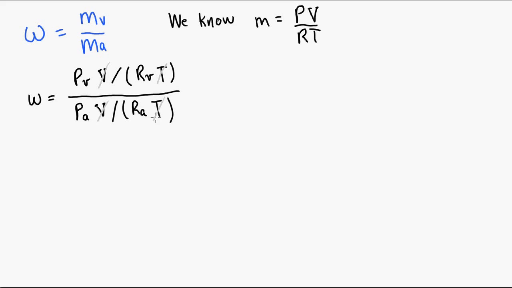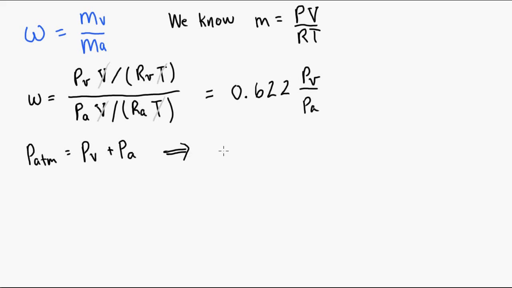The volumes cancel each other out, the temperatures cancel each other out, and we have a ratio of gas constants, which works out to 0.622. So we can write absolute humidity in terms of partial pressures. Now if we recall, the sum of these two partial pressures is the atmospheric pressure. So we can write the absolute humidity in terms of the partial pressure of water vapor and the atmospheric pressure.